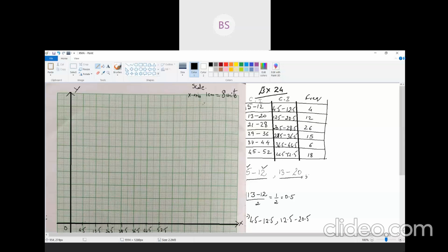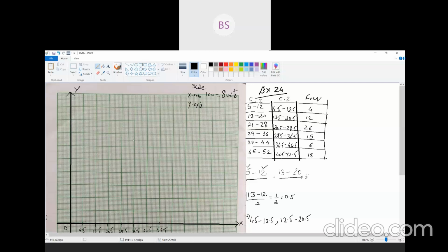Now we will move on to the y-axis. On the y-axis, the highest value of frequency is 26, so we have to have values till 26.